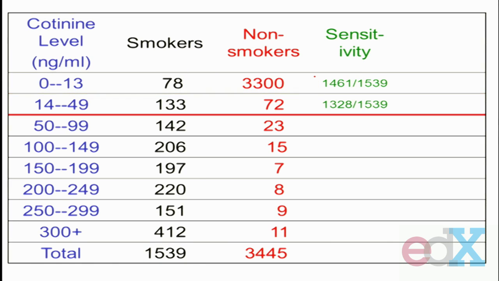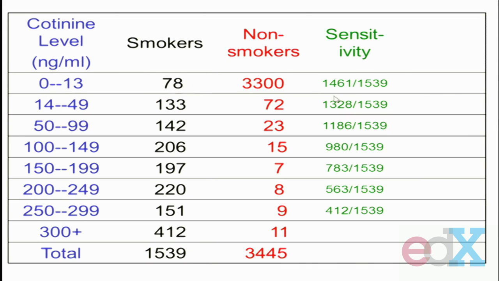What if we moved the line down and used 50 as our cutoff? Less than 50, you'll be called a non-smoker, and more than 50, you'll be called a smoker. Then we will lose these 133 smokers. So the sensitivity now would be 1,539 minus 133 minus 78, and that gives us 1,328, divided by 1,539.